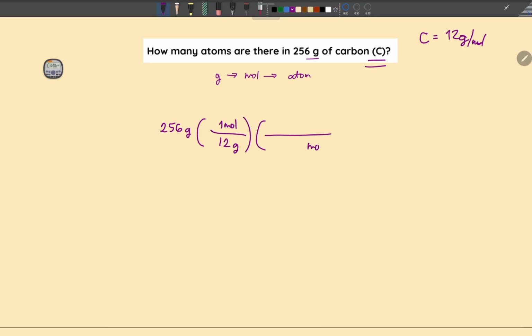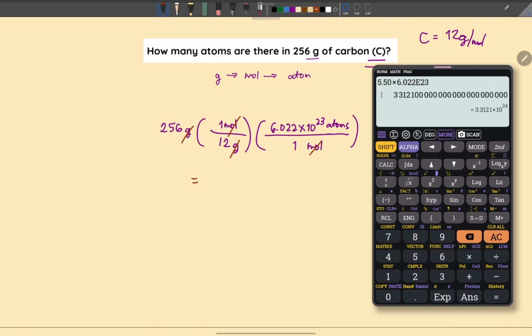Then mole here and then atoms here. Avogadro's number, so 1 mole, 6.022 times 10 to the 23. So cancel the grams, cancel the moles, we have atoms.